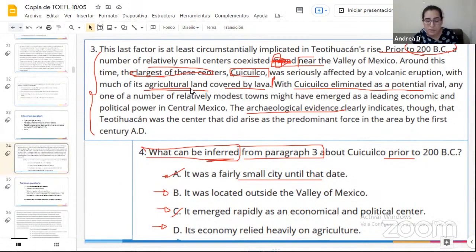That's usually related to your answer. So the only one that's related to the agricultural thing and the volcanic thing is this one, right? Because we're talking about the agricultural land. The other things like the location or whether it was a small city or not are not so big within this paragraph. So is that okay? Do you all get why D is the answer?